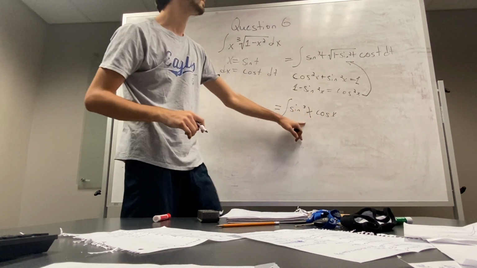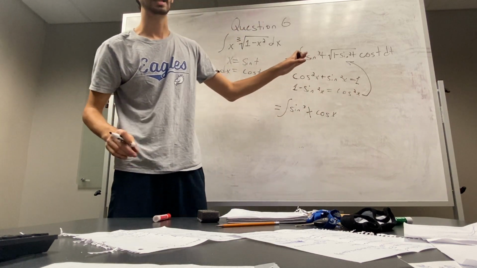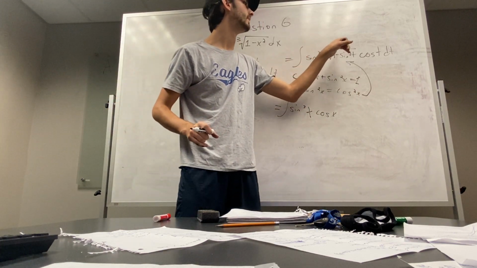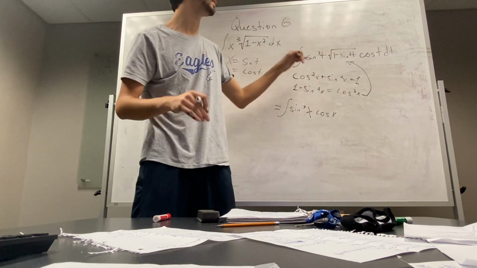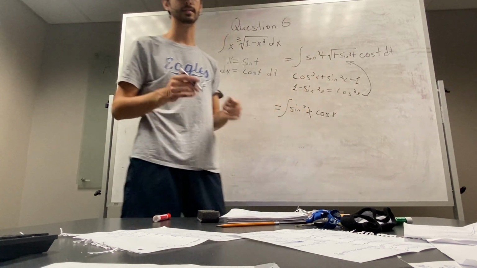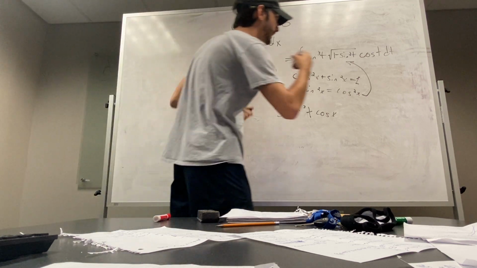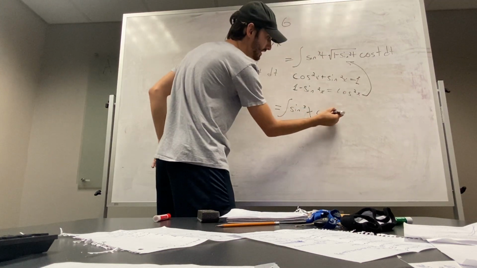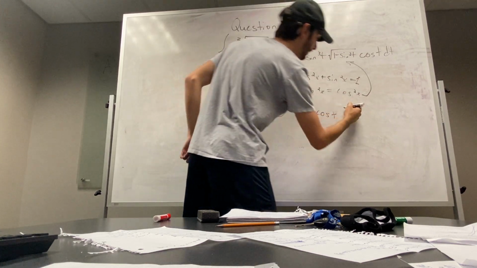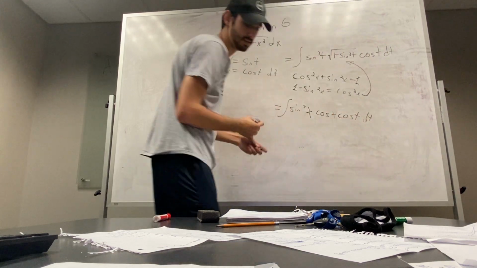So why just cosine? We can treat the square value as something that we could regularly sub out of a square root. So when this goes back into here, it's going to become cosine, because that square is canceling out that square root. So now we have this, I messed up again, it's not cosine x, it's cosine t, times cosine t dt.